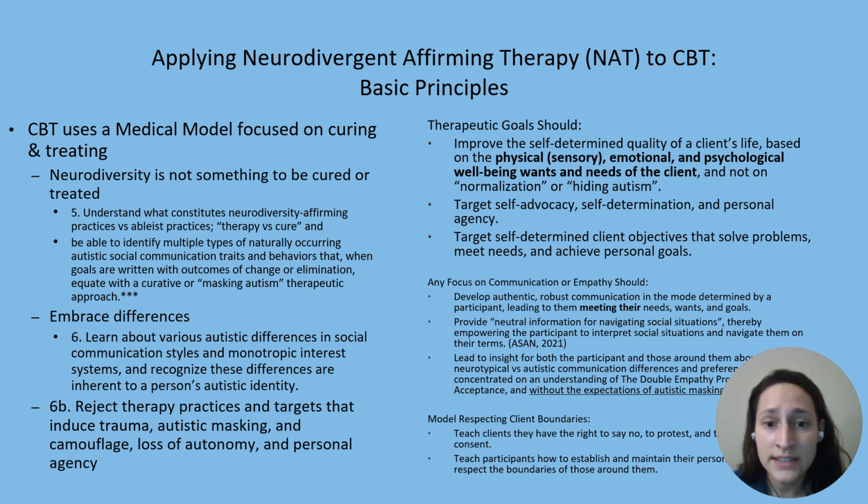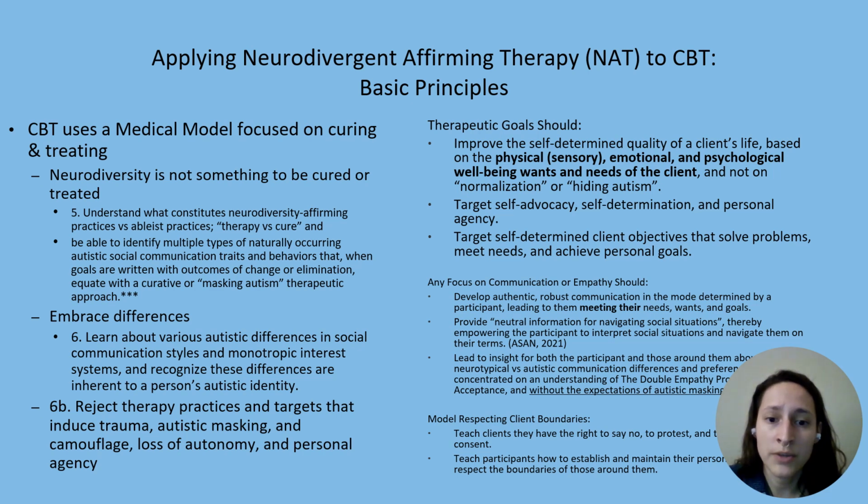Target self-advocacy, self-determination, and personal agency. Target self-determined client objectives, so what they want to do, that solve problems and needs and achieve the client's personal goals, not the goals of society or parents or friends or teachers, but what the client wants.